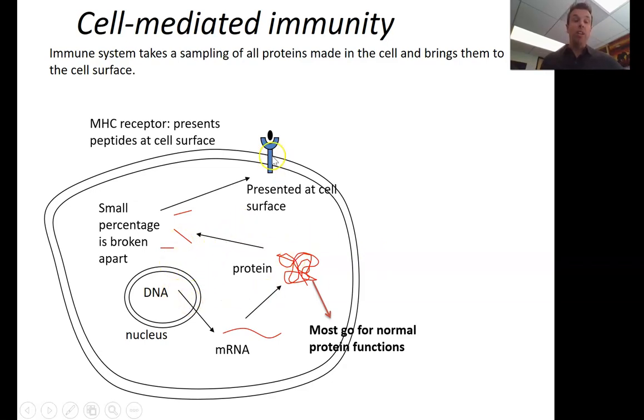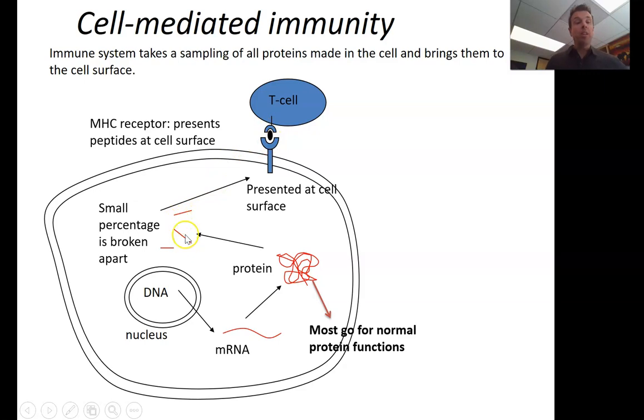So basically, each cell is presenting a representative portion of all the proteins that it's making inside the cell. And that's what the T cell comes along to see, through contact signaling. So with the MHC, the T cell receptor, and whatever bit of protein peptide is being presented at the cell surface, this will create signaling.